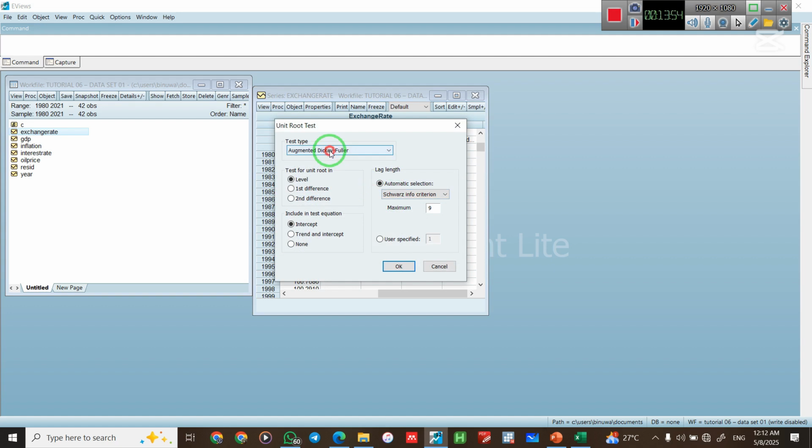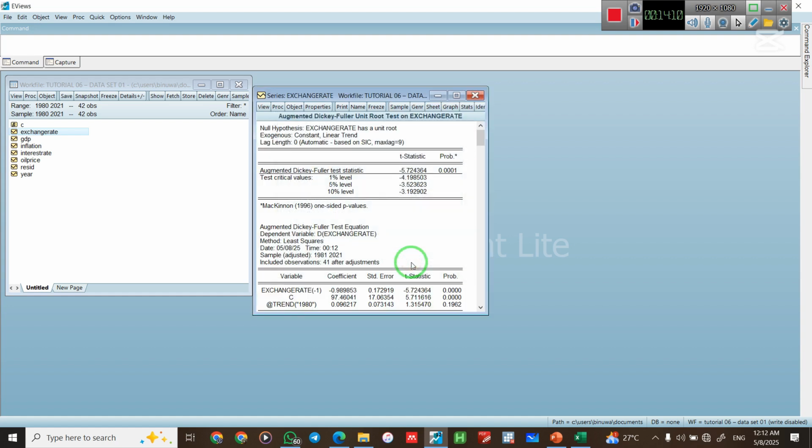Here select the test type as Augmented Dickey-Fuller test. Then we are testing at the level data, and the test equation consists of trend and intercept. Then press OK, right? So these are the results of the unit root test.